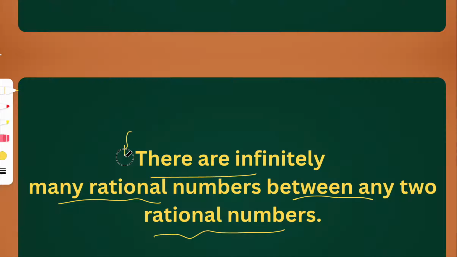This is a very important line. इस स्टेटमेंट का मतलब है कि दो किसी भी रैशनल नंबर्स के बीच में सिर्फ एक नहीं बल्कि इन्फिनाइट रैशनल नंबर्स होते हैं.